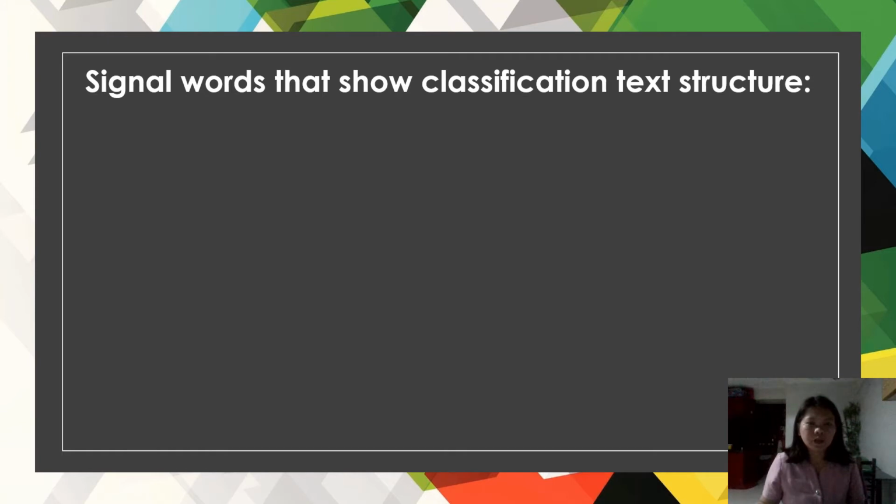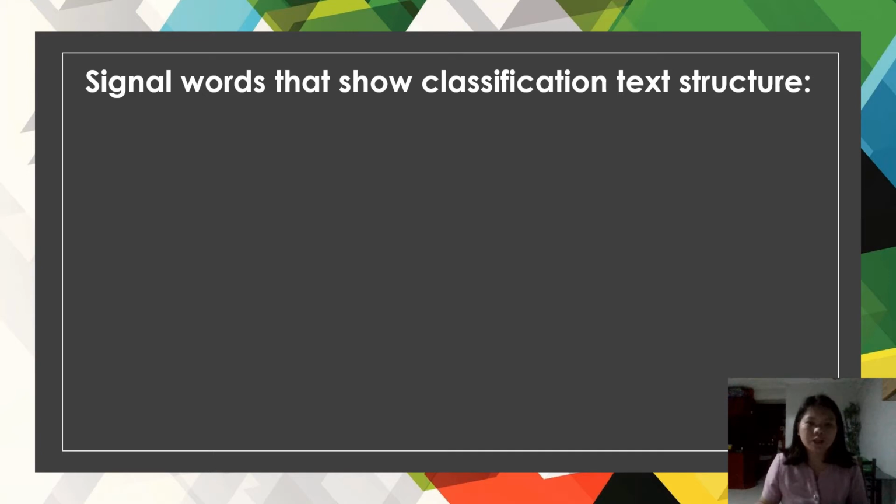Now, when you are trying to identify a text structure, it is helpful to look for signal words. These signal words will give you clues as to what structure it might be, but you still have to rely on the content in order to make the final decision.